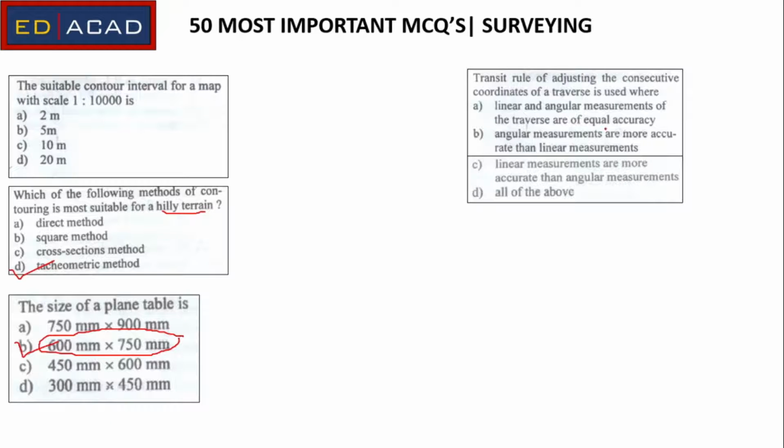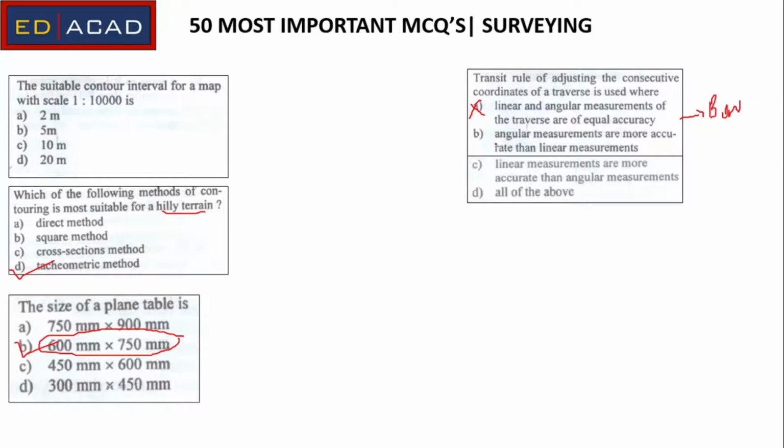Next, the transit rule of adjusting the consecutive coordinates of a traverse is used where linear and angular measurements of the traverse are of equal accuracy. No. When the linear and the angular measurements are of almost equal accuracy, we use the Bowditch rule here.